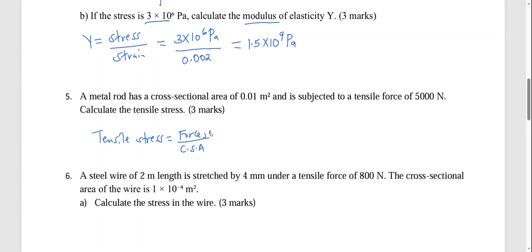But force should be in Newton and this cross-sectional area should be in square meter. Therefore, let's substitute. Tensile stress will be 5,000 Newton all over 0.01 square meter.